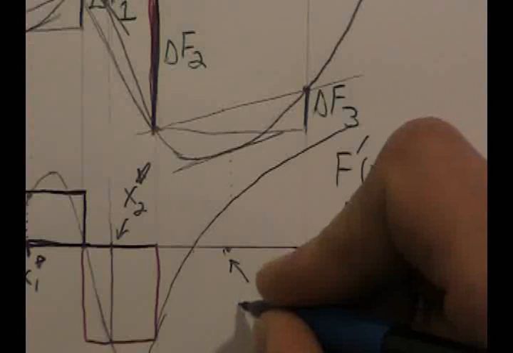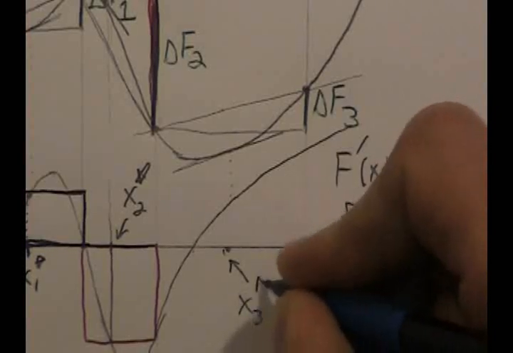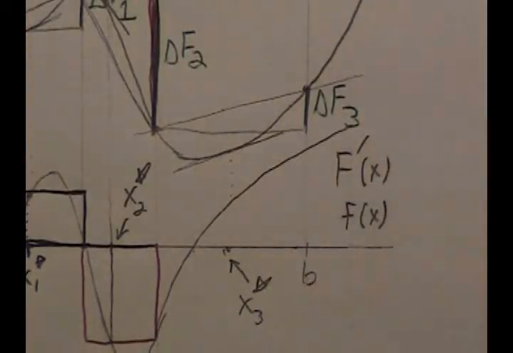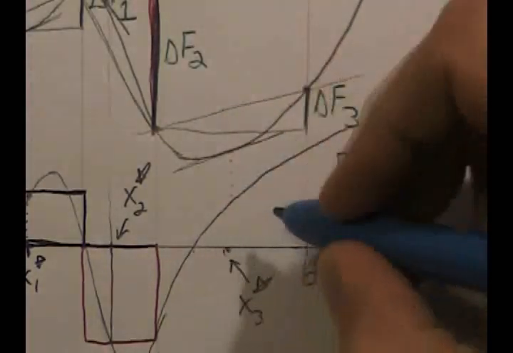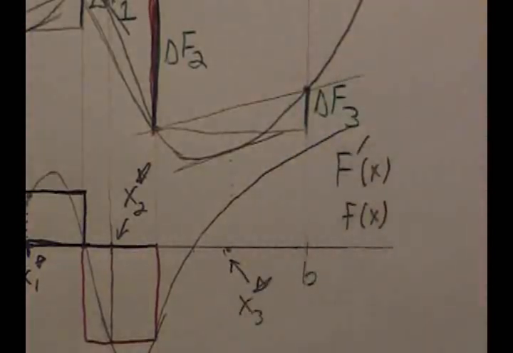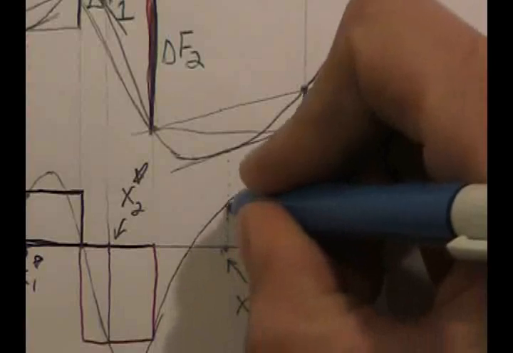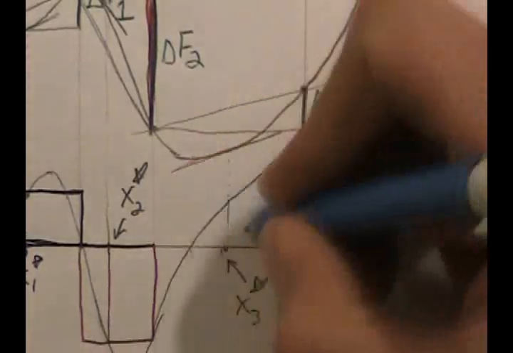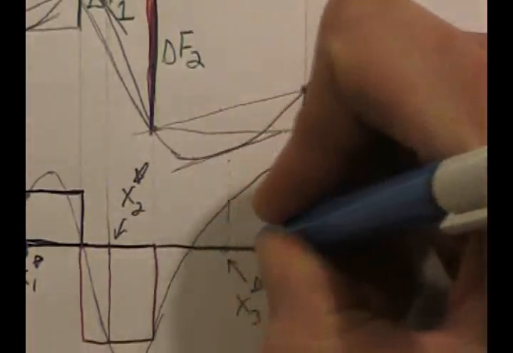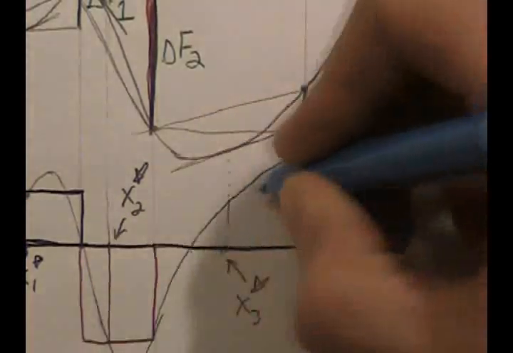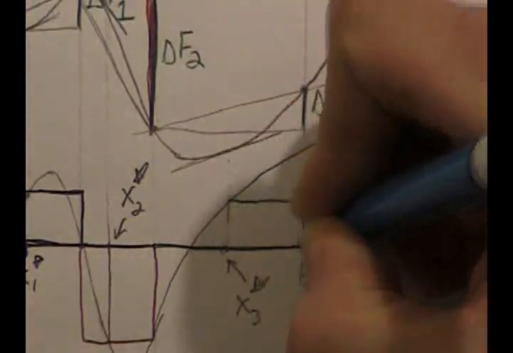That is x3 star, the value of x that's guaranteed by the mean value theorem. So I will do it again: big F prime of that number gives the height of this rectangle, and it's going to look like this. The change in x is this length here, and the height is going to be this.